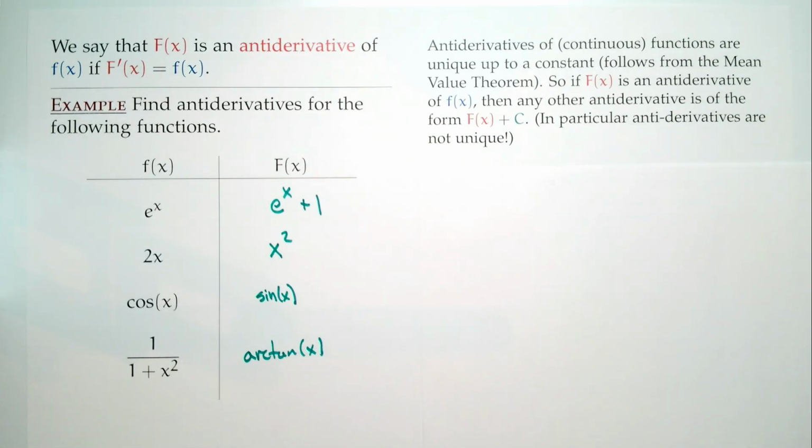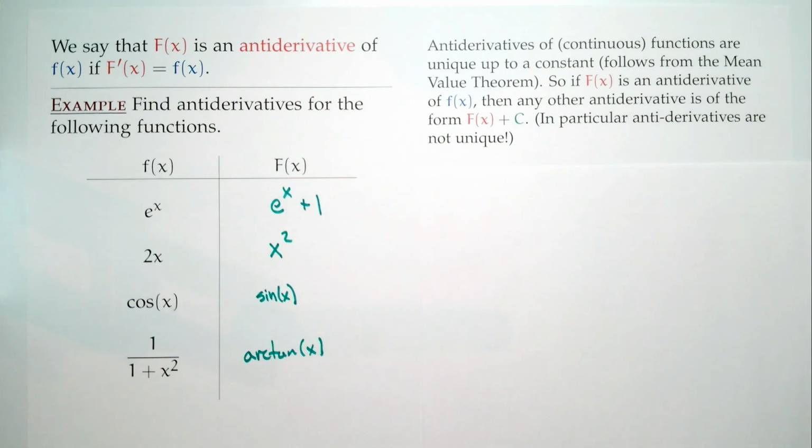And the reason we know that is this is something we proved using the mean value theorem. You know, we proved it, we might as well use it. So if I have an antiderivative and my function is reasonably nice, then any other antiderivative is unique up to a plus c. Now, I won't define what reasonably nice means. I'll just wait and surprise you in Calc 2, because then it'll be fun.